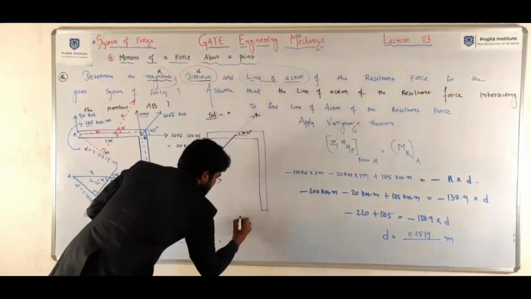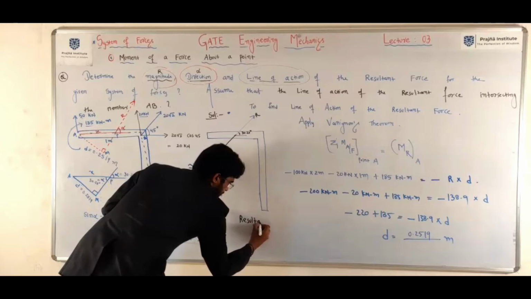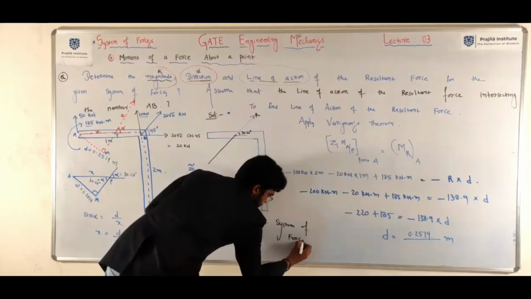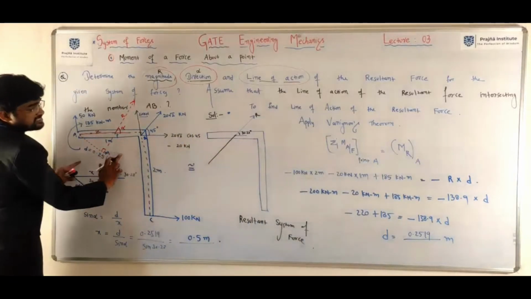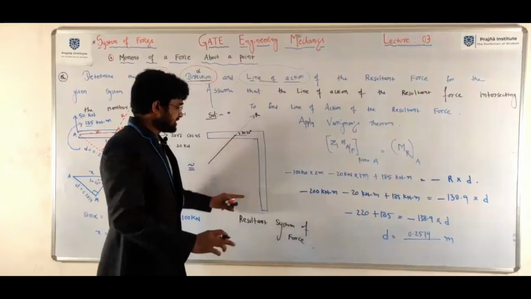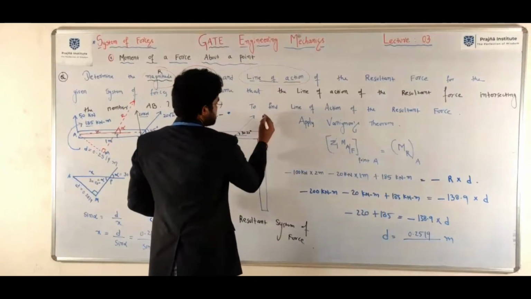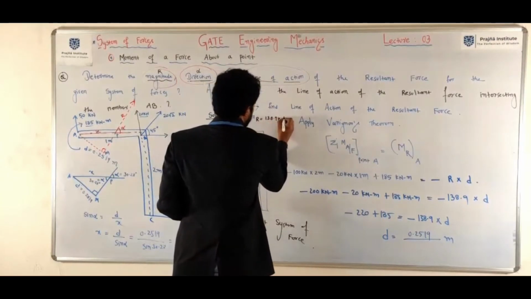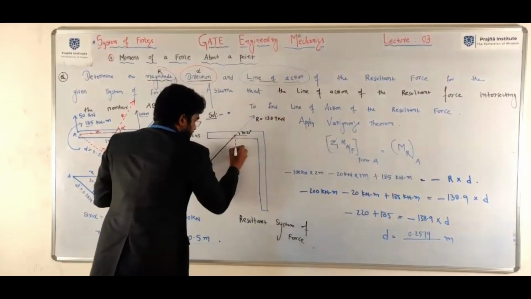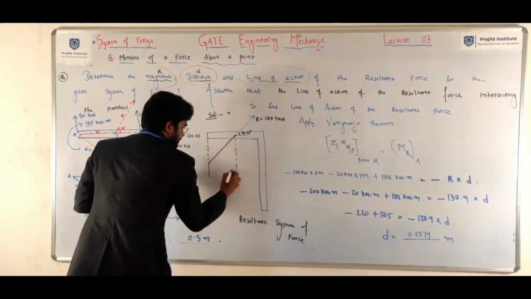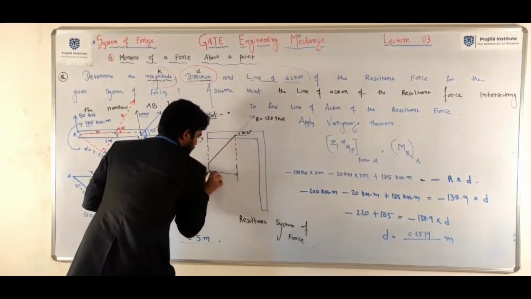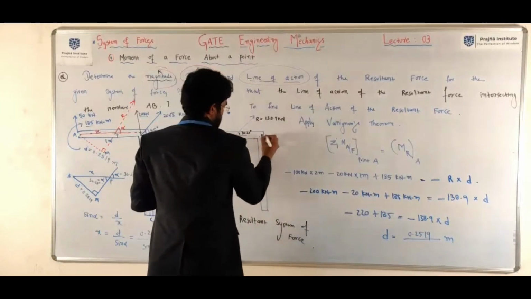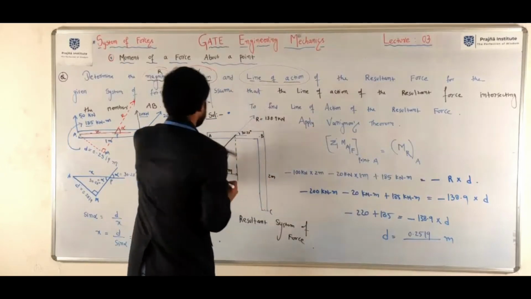So this is the resultant system of force. For the given system of force, we need to write the resultant system of force. What is the magnitude of R? 138.9 kilonewton, and it is intersecting at 0.5 meter. A, B, C. It is 2 meter there.